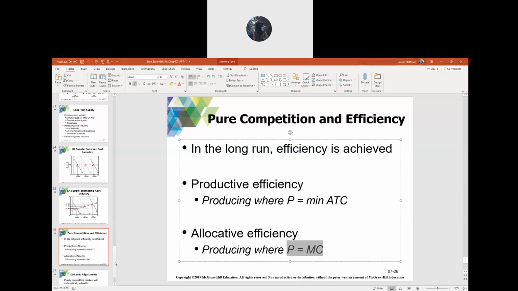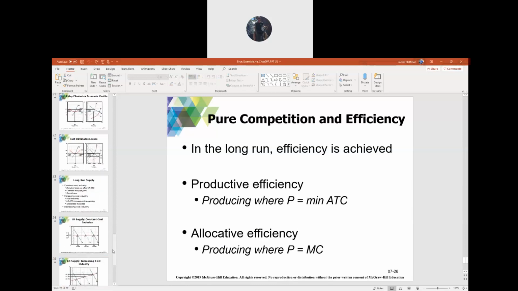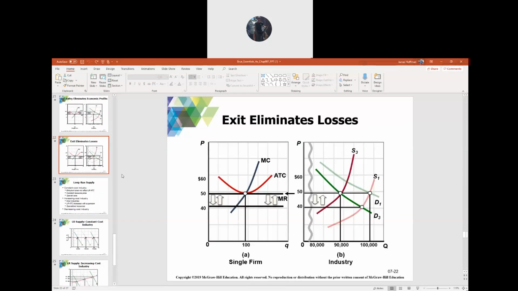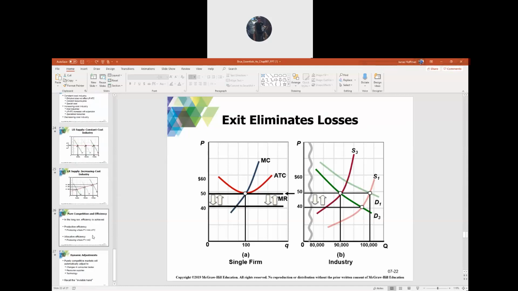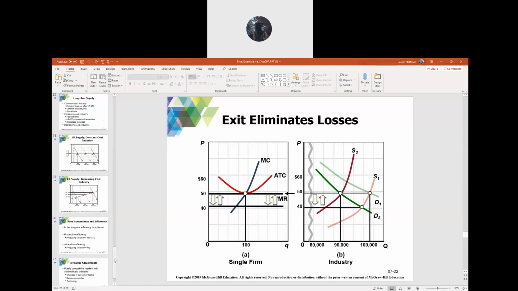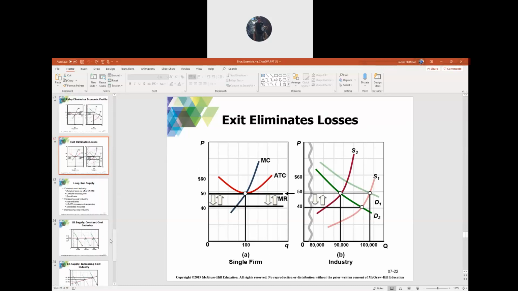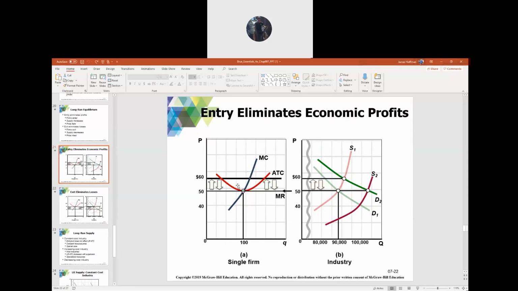So if you look at the graph, okay, so we just said that in, where's the first one? This one. Okay, so we showed a profit opportunity in the short run for the firm, but in the long run, it gets back to this.